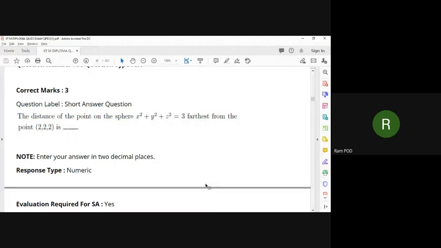The distance of the point on the sphere x square plus y square plus z square farthest from the point. They can stop sharing.